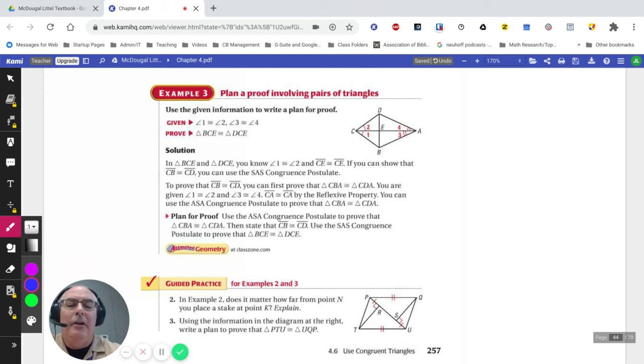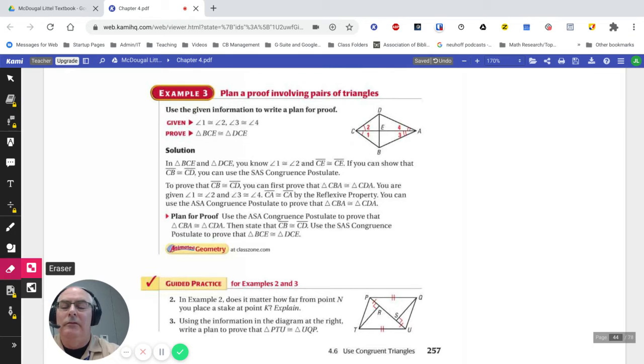I know angle 1 equals angle 2, angle 3 equals angle 4, and I'm trying to prove BCE is going to be equal to DCE. So I'm starting with that example. Well, what do I know?